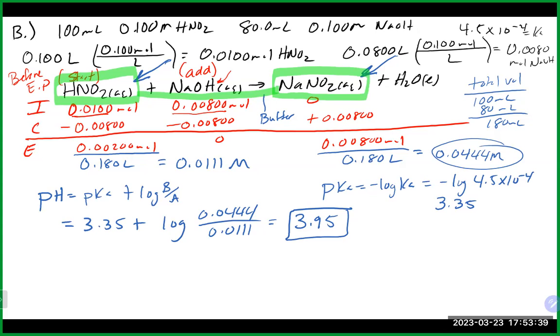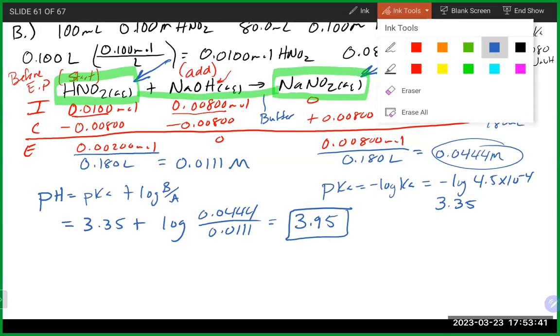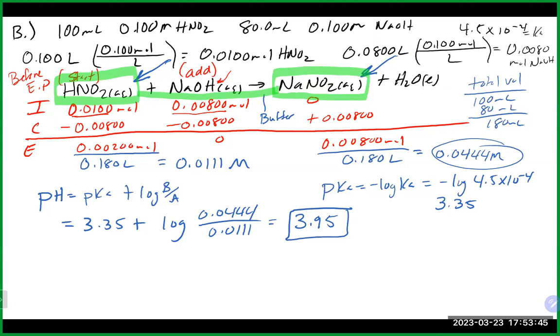All right, so that brings us to the third part of the question, which I believe, if I'm not mistaken, is going to be the equivalence point. So we are looking for what the pH is at the equivalence point in this titration. So let's take a look at that part, which is C. Very good.